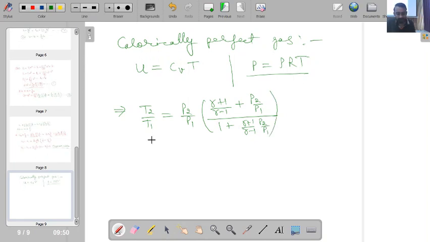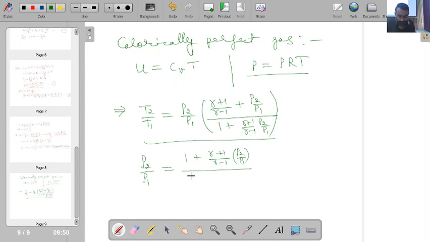This is one important relation. The second important relation is for the ratio of densities, which comes out to be (1 plus gamma plus 1 upon gamma minus 1 times P2 by P1) divided by (gamma plus 1 upon gamma minus 1 plus P2 by P1).